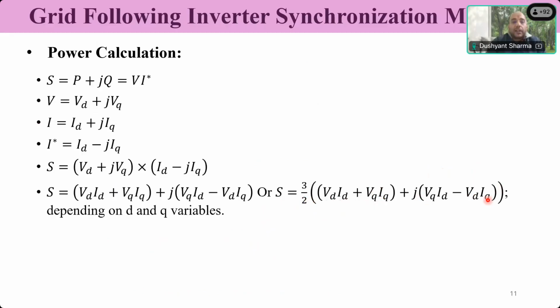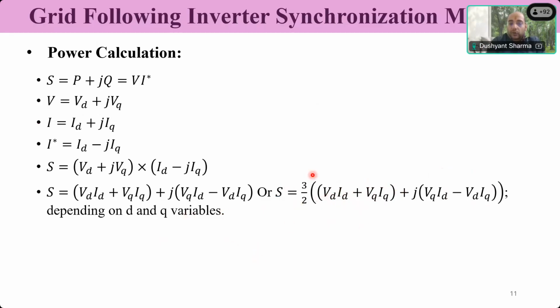So the point is, we can control the P and Q, the active power and the reactive power, by controlling the D axis current and the Q axis current, ID and IQ. Because as I told you, if I put VQ 0 here, what do I get? Active power is simply VD into ID multiplied by 3/2.